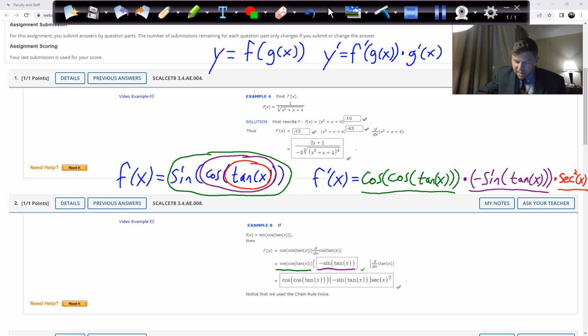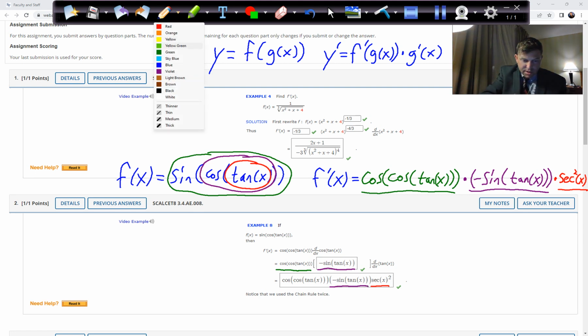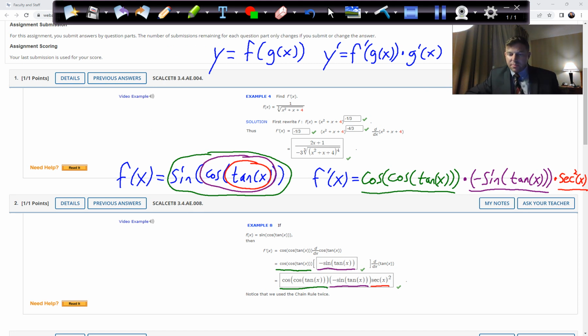So we add the red, and then we push together the purple, and we push together the green. So it's just one big multiplication problem. Okay, so that's problem 2 kind of guiding us. And that's how you have to think. Outside, the next one, you're working your way in, and you're just multiplying those derivatives together.